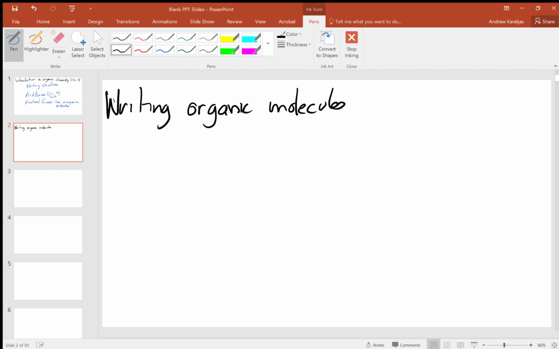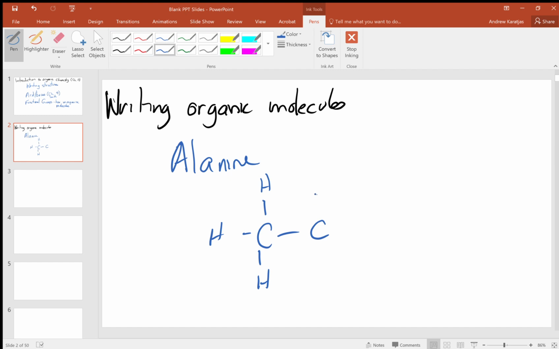Well, if we start thinking about even simple organic molecules, for example, alanine. This is a molecule that's important in this class. It'll become important to you when you get to biochemistry, because this is one of our 20 naturally occurring amino acids. The structure for alanine, if we do it in the same way that we've done Lewis structures, looks like this.